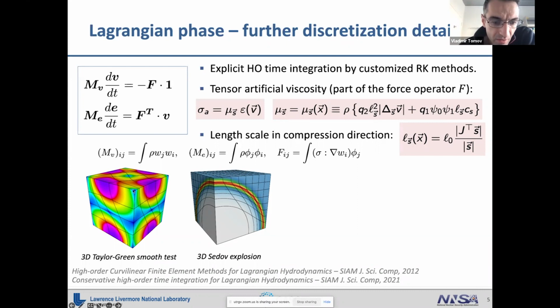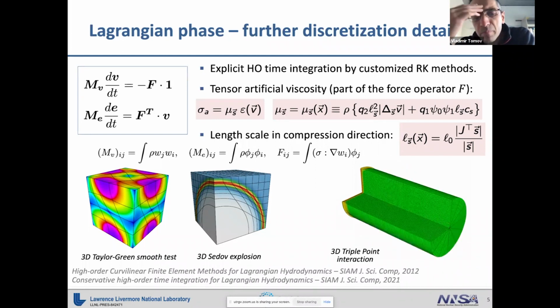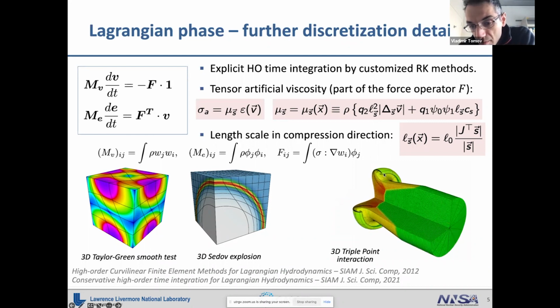So here are some results. We can get high order convergence on smooth tests. This is the 3D explosion. We have another one here. This is a more complicated triple point simulation. You can see the shocks forming going through the material. This here is the material interface. I'm only showing one of the materials.